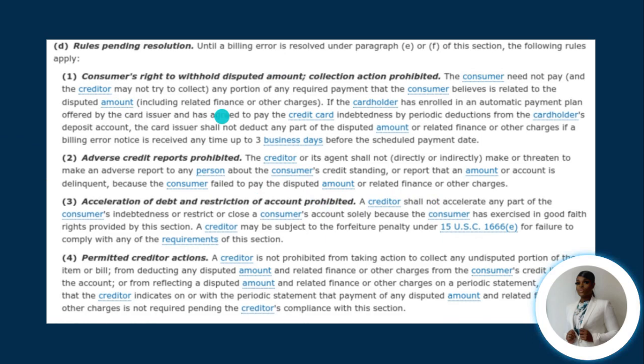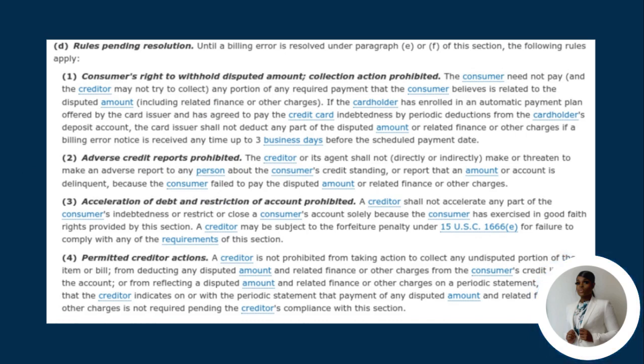So it's telling you here, once you exercise your rights to place your account in that do not pay, do not collect status, they are prohibited from providing adverse credit reports. So they're not able to report you delinquent to the credit bureaus because you've exercised your rights. That's what number 2 is saying.